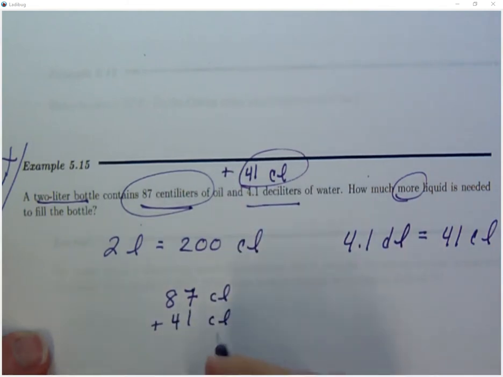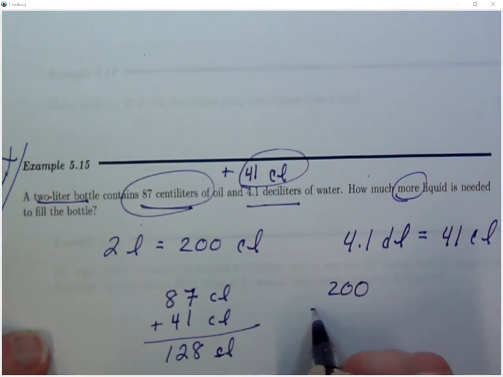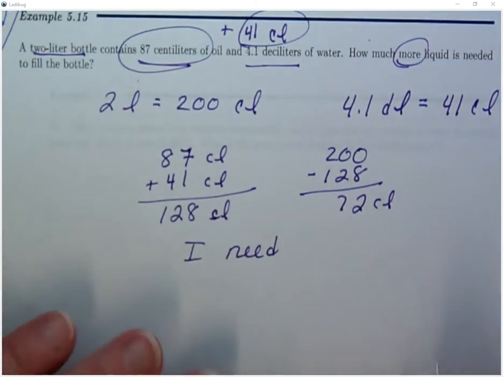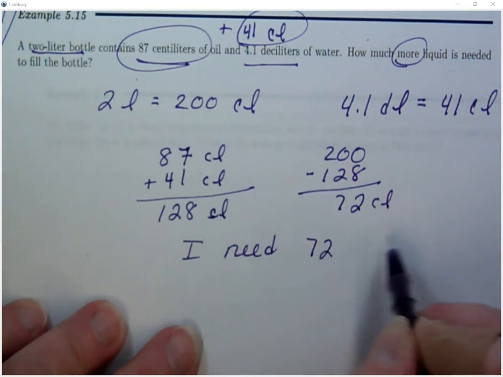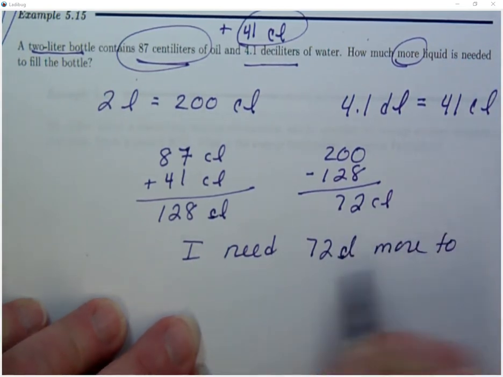And you can use a calculator, but this one's pretty easy. So that's the liquid that I have. So I just need to subtract that liquid from the bottle, and I get 72 centiliters. So I need, I'm going to write it in a sentence, 72 centiliters more to fill the bottle.